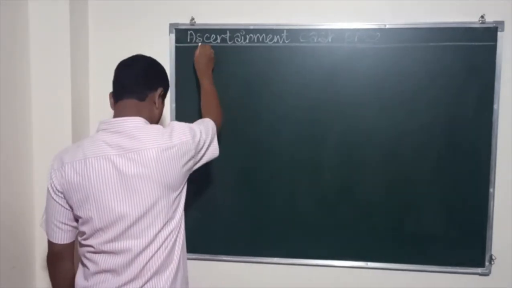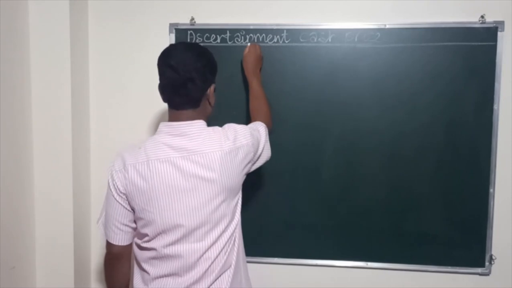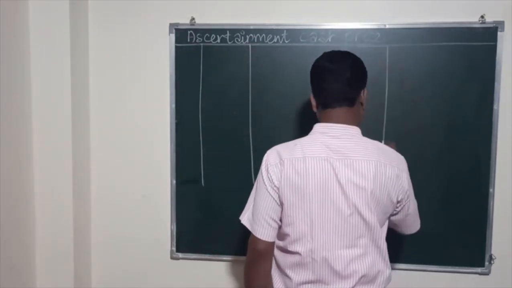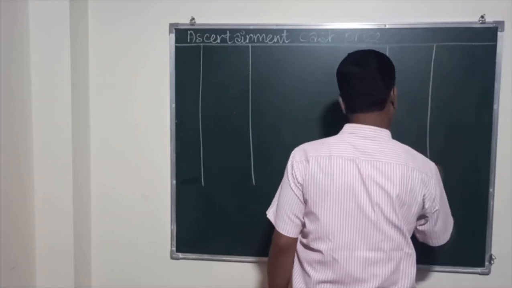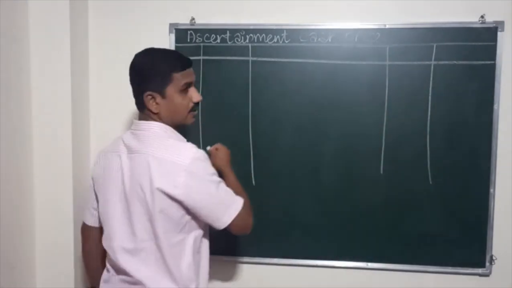So here we have the date column, installment, then interest, then this is CP, depreciation. So let's write down here.